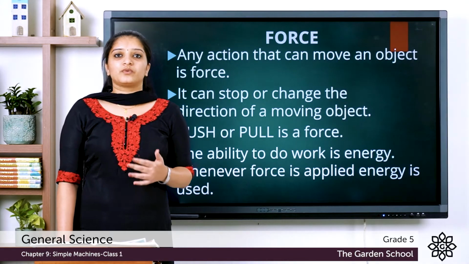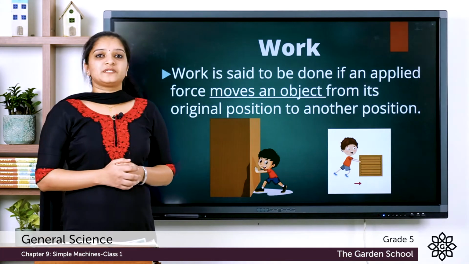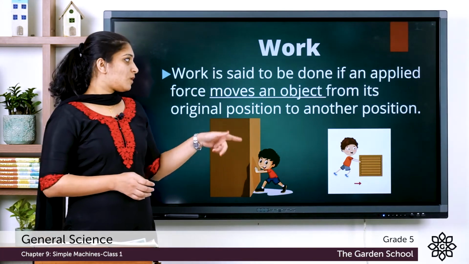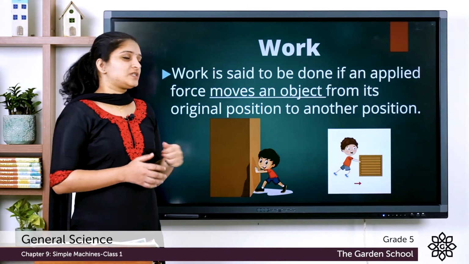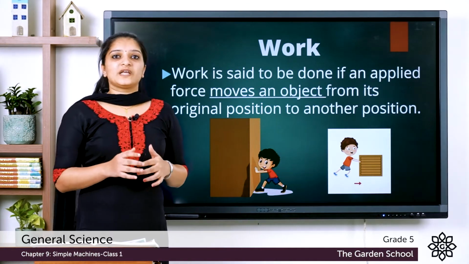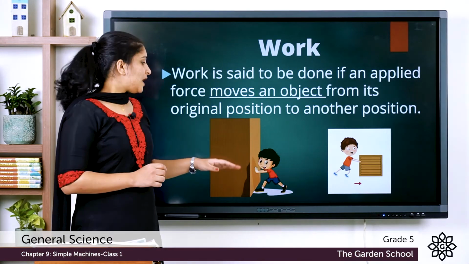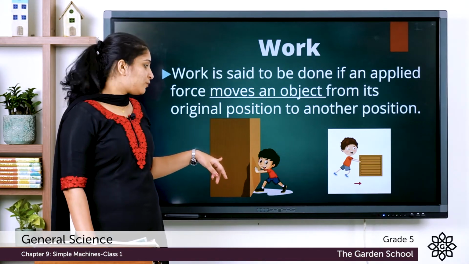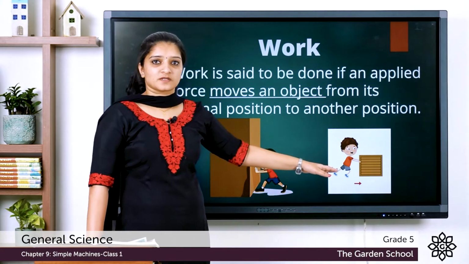moving object to rest. Now, let's see what work is. Work is said to be done if the applied force moves an object from its original position to a different position. That is, work is done only when an object moves. Consider the two situations given here. In the first case, you can see a child pushing a wall, and in the second case, you can see a child pushing a heavy box.